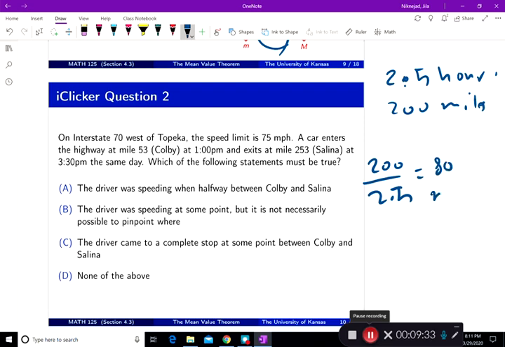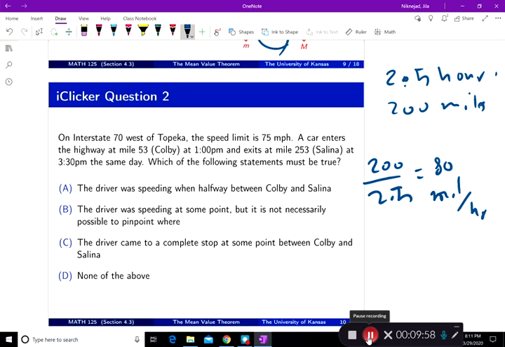So 80 miles per hour. And 80 miles per hour is the average rate of change, and at some point between the start and end, the instantaneous rate of change, or the slope of the tangent line, should be 80.